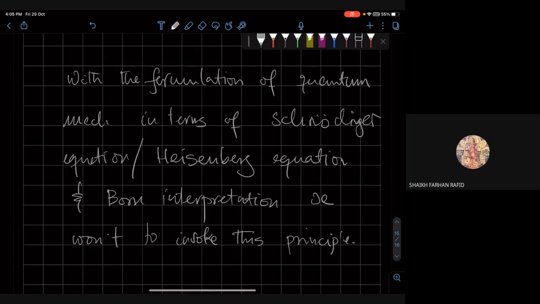The Schrödinger wave equation, along with the Born interpretation, makes everything very, very transparent.